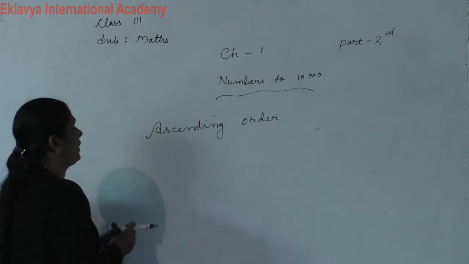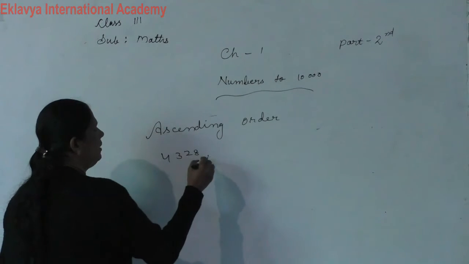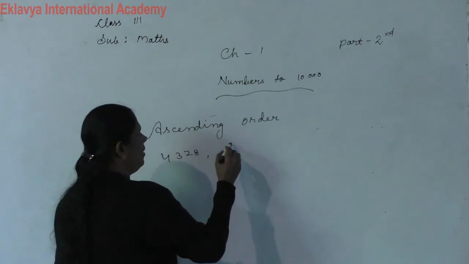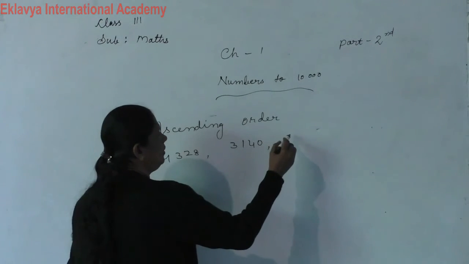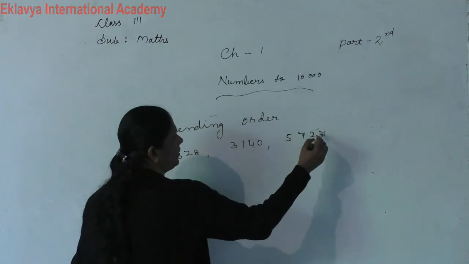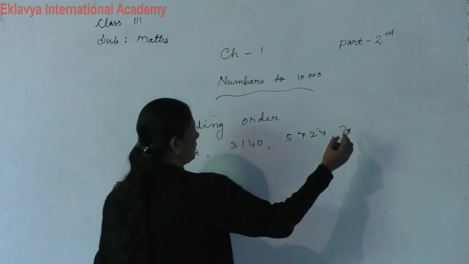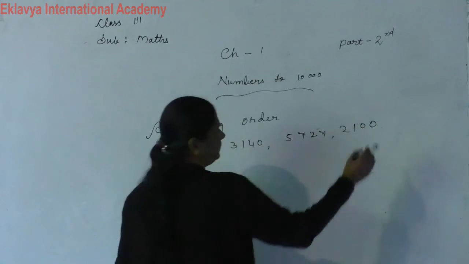Here 4328, then 3140, then 5727, then 2100.